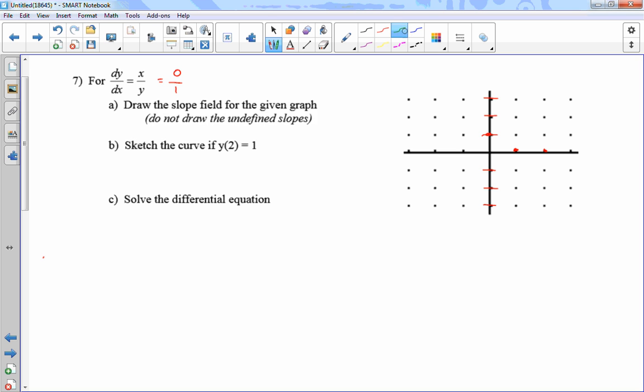Okay, so let's jump up to 1, 1. 1 over 1 is 1. So 45-degree angle. What about 2 over 2? And 3 over 3. All of those will be positive 1 slope, right? Is there anywhere where we're going to have a negative 1 slope?